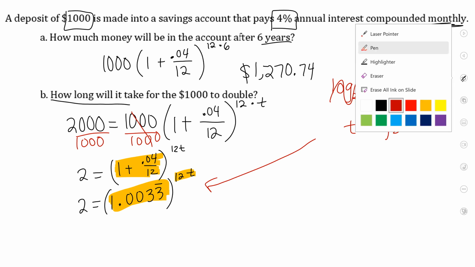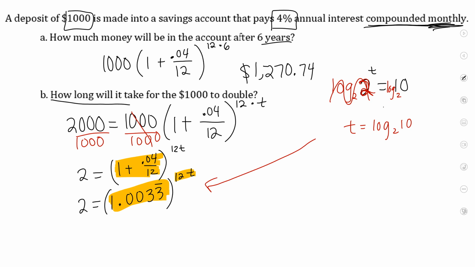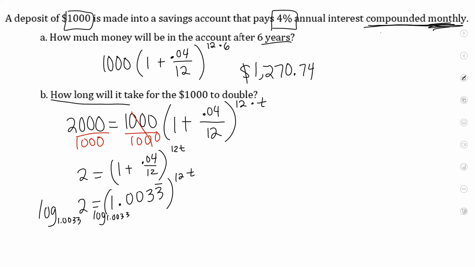What I'm going to write is, I'm going to take the log of base 1.0033, and I'm going to do log 1.0033. I'm going to take the log of both sides. So this is what this looks like. First, you have 2 equals 1.0033 to the power of 12t.